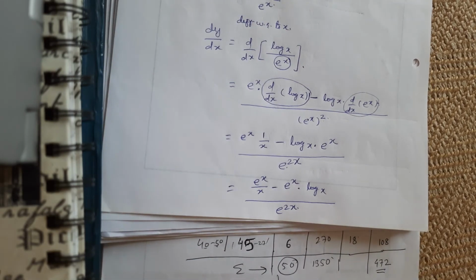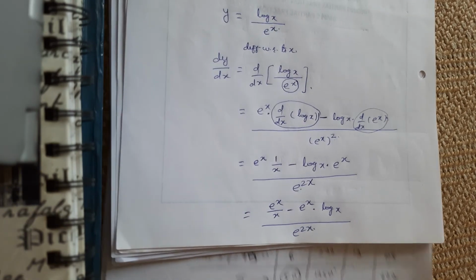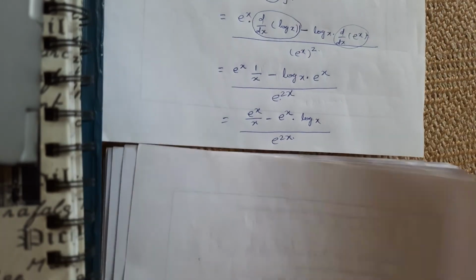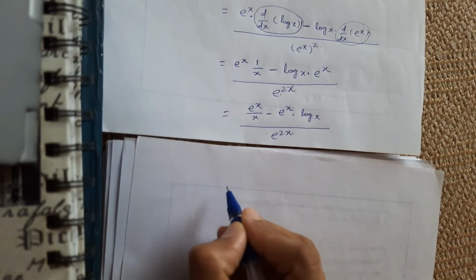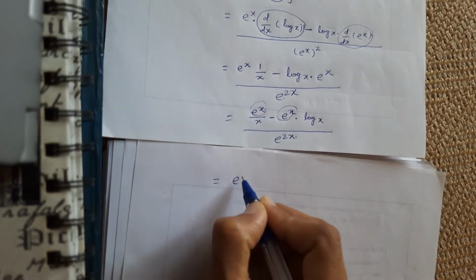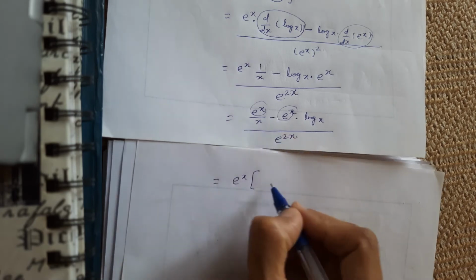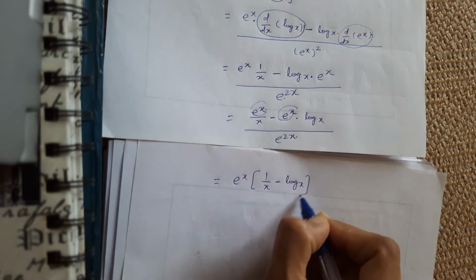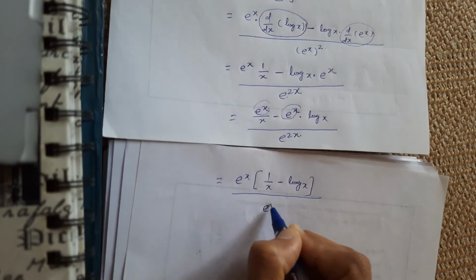We can further simplify it. I am just taking e to the power x common from both the terms. So e to the power x, here I get 1 upon x minus log x upon e to the power 2x.